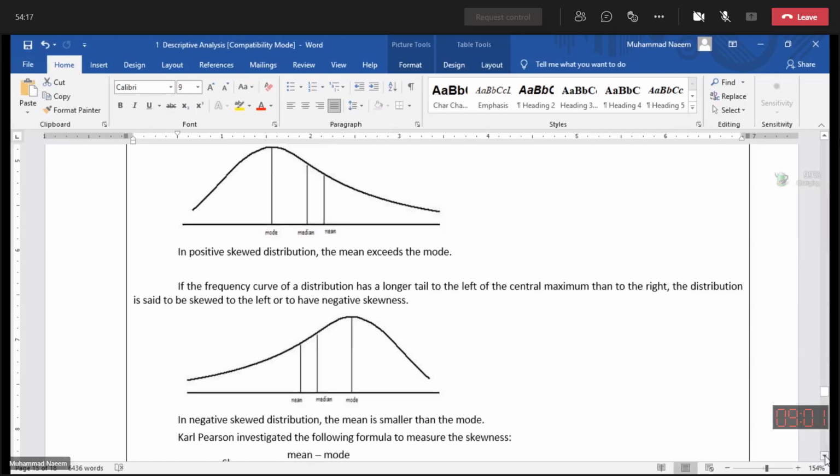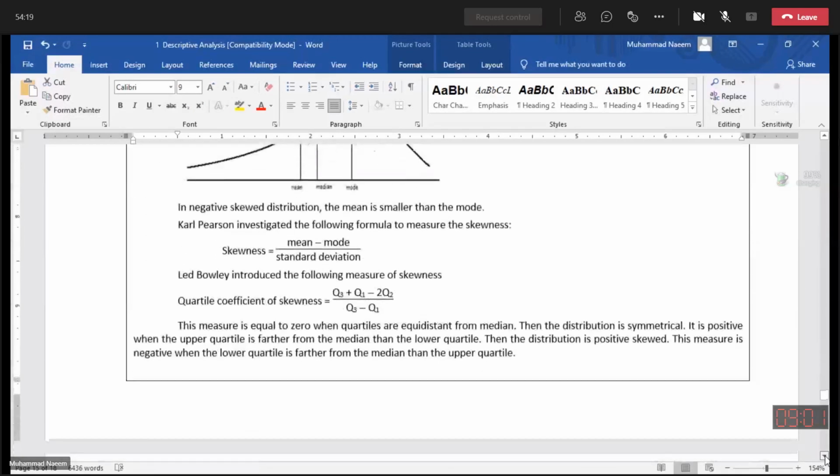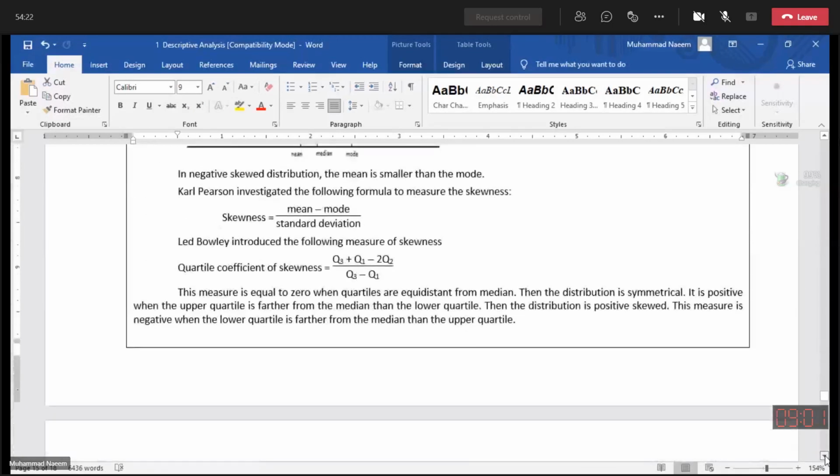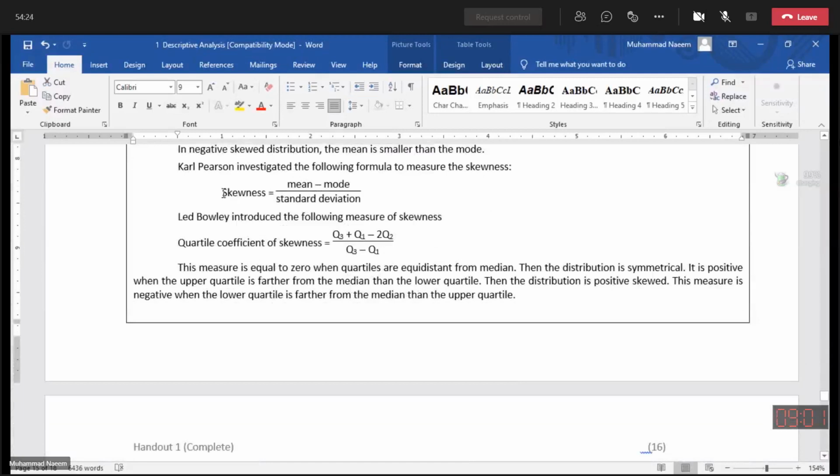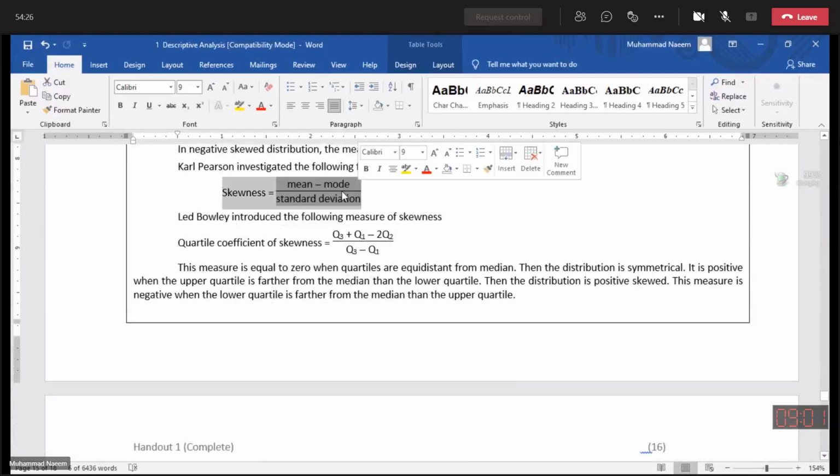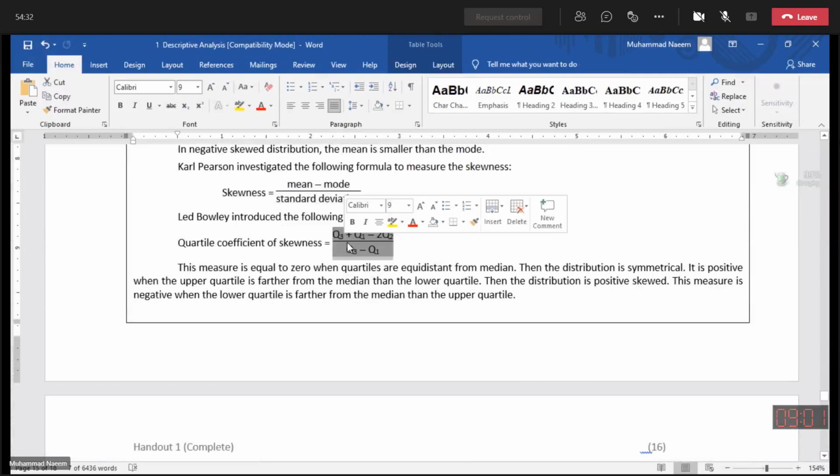But sometimes this information is not available, so we will try an alternative formula to calculate the skewness. This one with the help of mean and mode, and also with the help of quartiles, we can find the skewness, or the coefficient of skewness. This is the same thing.